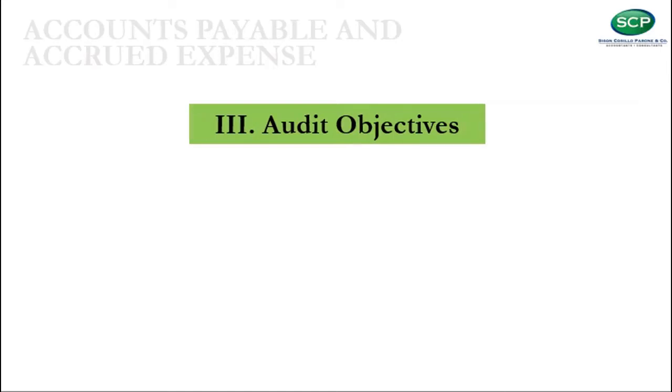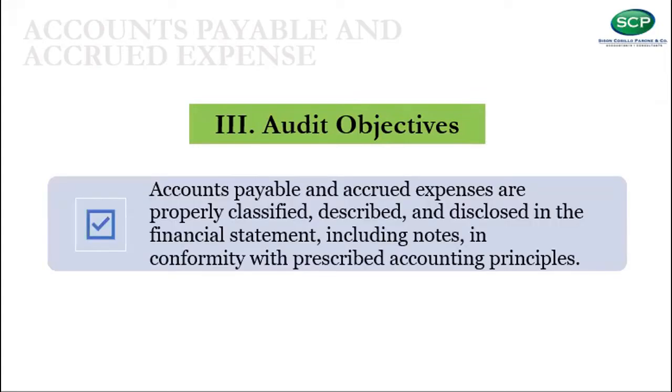And the last principal audit objective that we will discuss is to ascertain that the accounts payable and accrued expenses are properly classified, described, and disclosed in the financial statements, including notes, in conformity with prescribed accounting principles. As I have also mentioned earlier, except for certain rare circumstances, accounts payable and accrued expenses are typically classified as current liabilities.